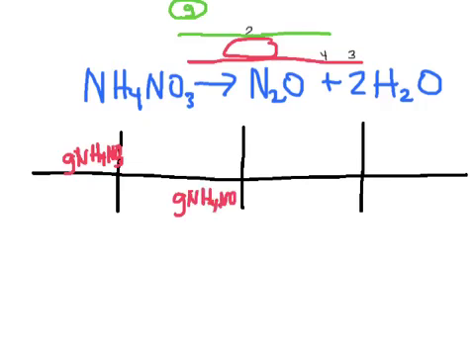Now, we're going to try a slightly different approach as we fill this in. We know what we're given. We know what we need to find. We need to find the grams of H2O. So we know that needs to be our destination. So we're automatically going to put grams of H2O over here.